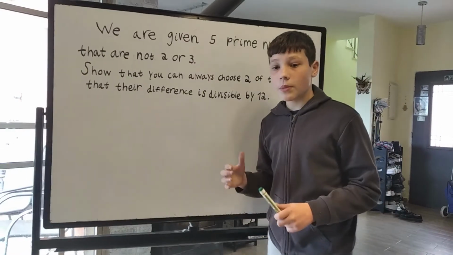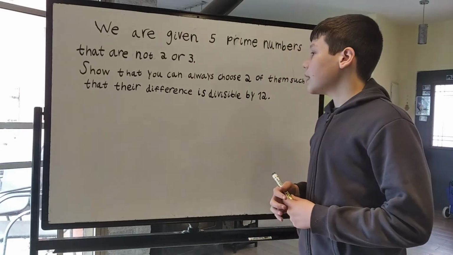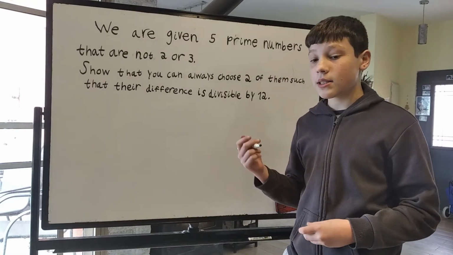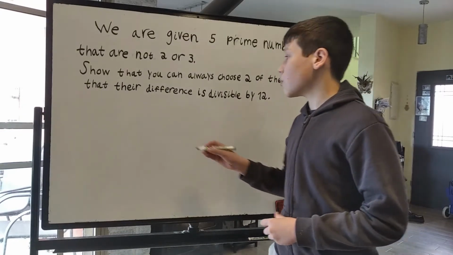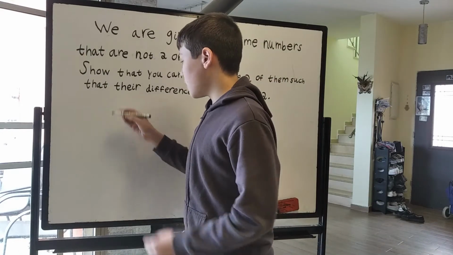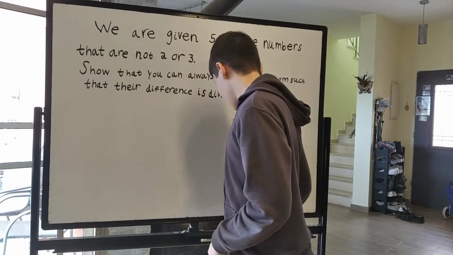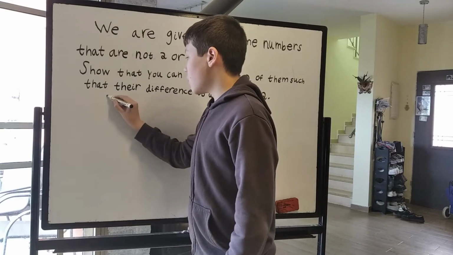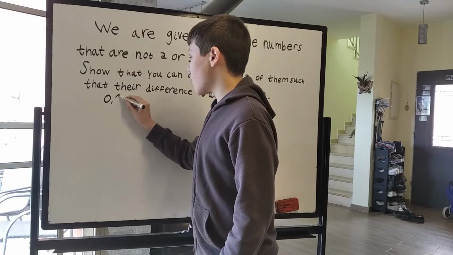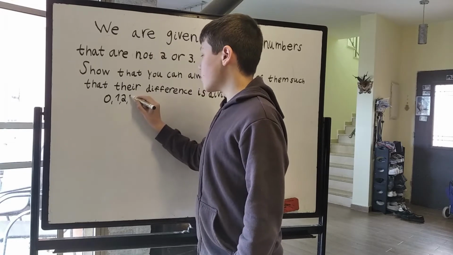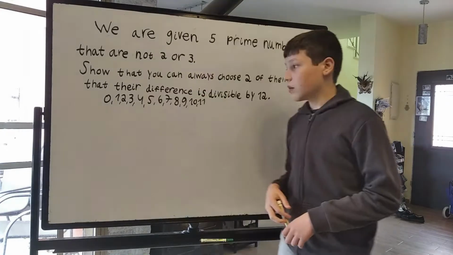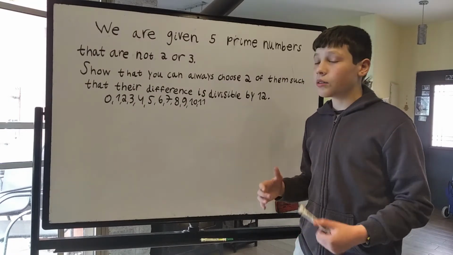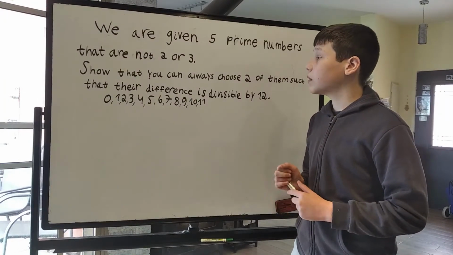So if you choose a prime number, it can be congruent to 0, 1, 2, 3, and so on until 11, mod 12. Okay, so that's the list of all the congruences mod 12.